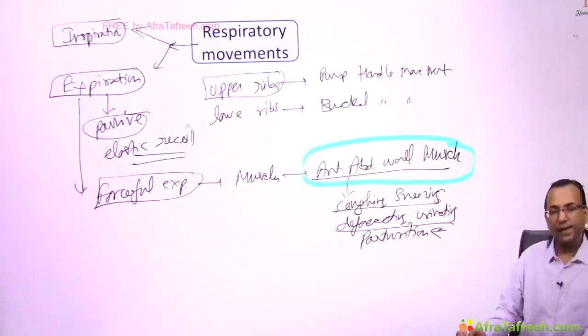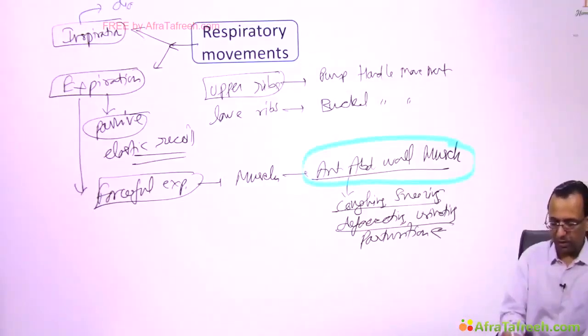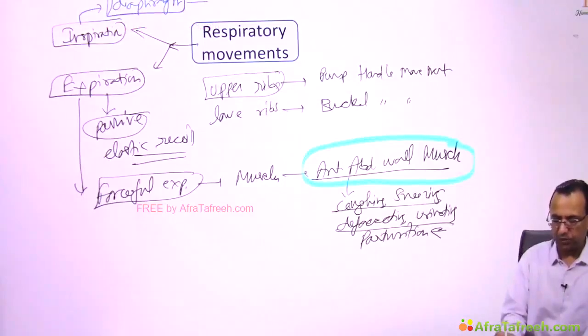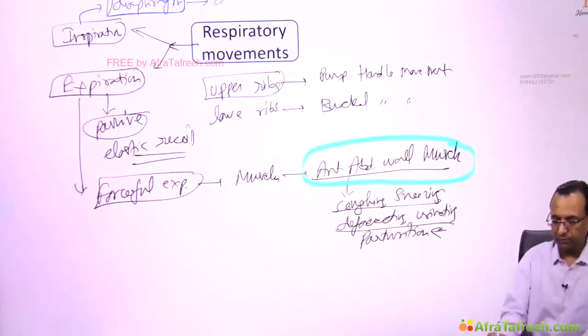What about inspiration? The chief muscle of inspiration is the diaphragm. And how is the diaphragm helping in inspiration? See, the diaphragm descends down during inspiration. So DDD: diaphragm descends down during inspiration.